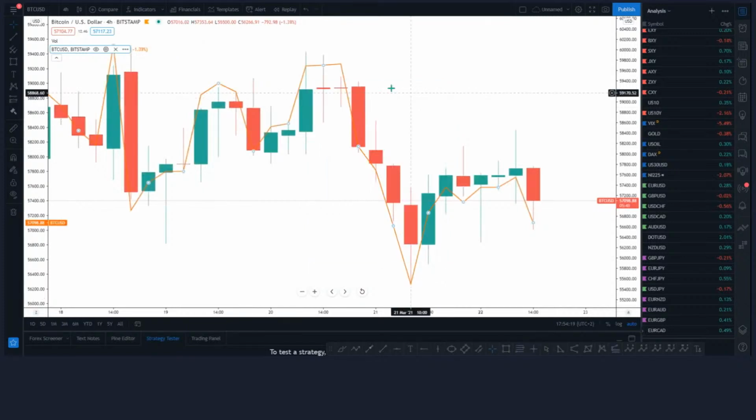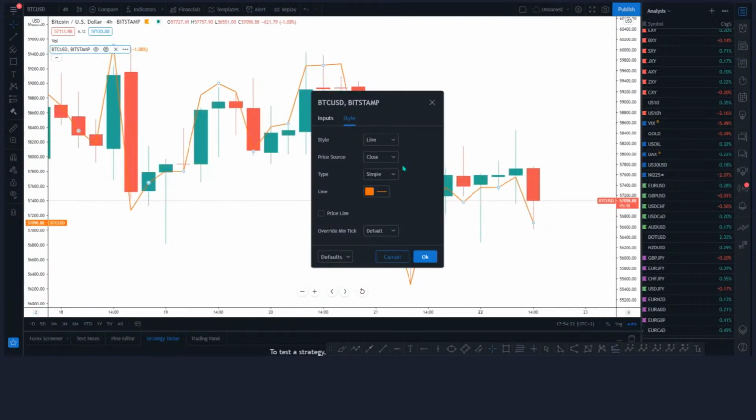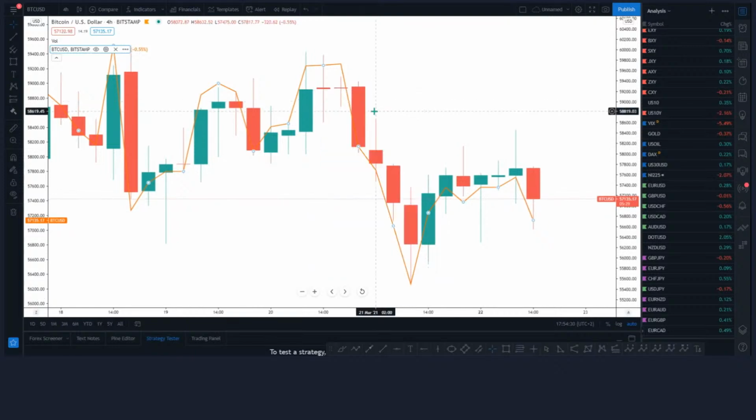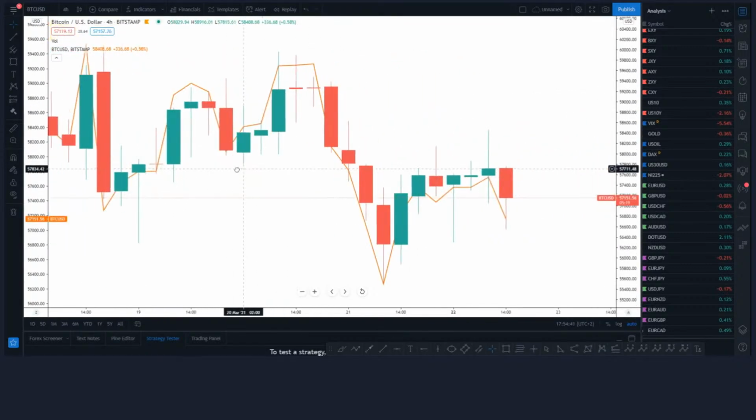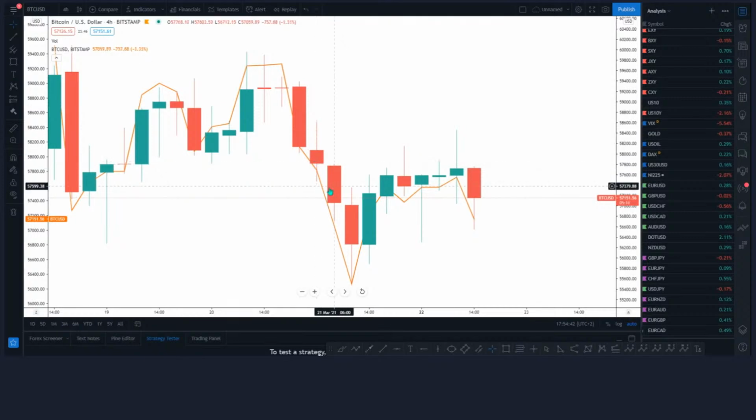Okay. Then we can take this one, and that's close price. Simple. So it will take the close price and attach them to each other. See right here, that's a close price. See, that's a close price, close price.